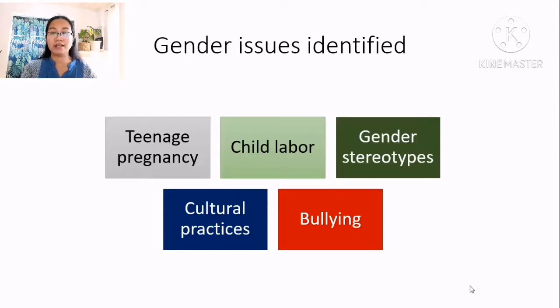Teenage pregnancy naman could be one of the reasons bakit yung sa transition bumababa yun sa mga babae. And then we also have, meron pa rin daw gender stereotypes. This problem still exists. And there are cultural practices that somehow is considered as a gender issue. And then bullying also is a major concern. So yan po yung mga gender issues identified.